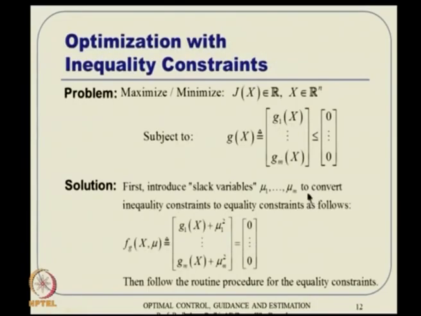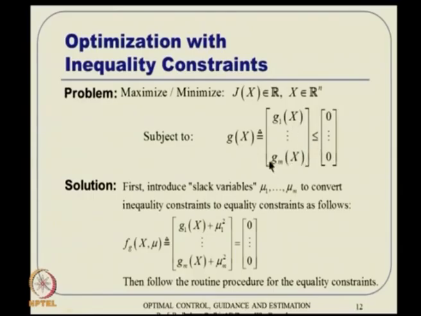Alright, next we followed up with inequality constraints. We had the same problem, the cost function is still a scalar, but it is now subjected to m inequality conditions. In general, it can be less than or equal to 0, but even if it is positive, you can flip the sign and put everything as less than or equal to 0.